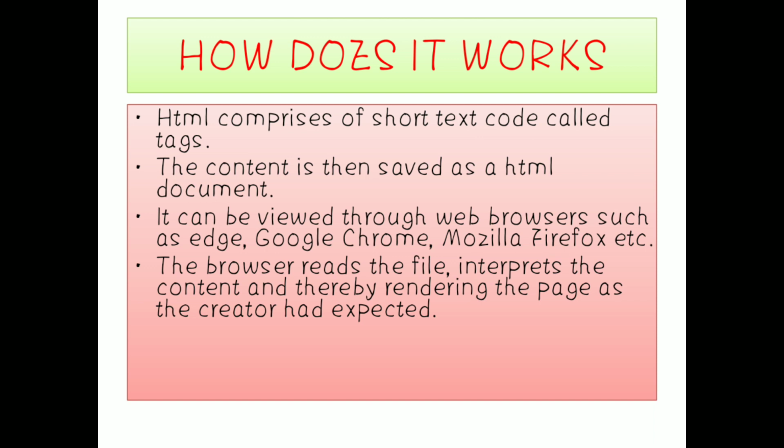Interpreting means it processes that content and gives the output the way we, the users, want to see it. So what does a web browser do, children? First it reads the file, interprets the file, processes it, and shows the output how we want.